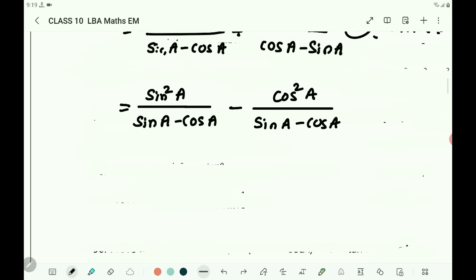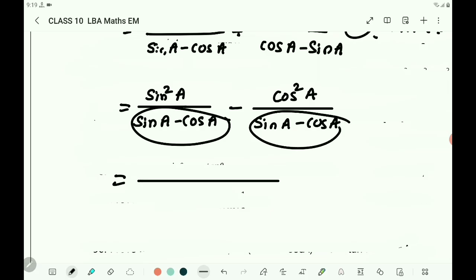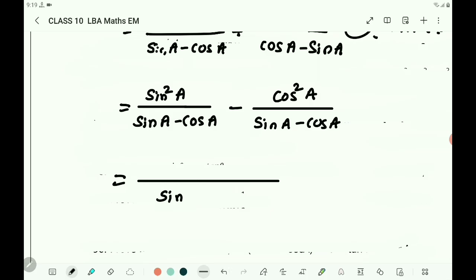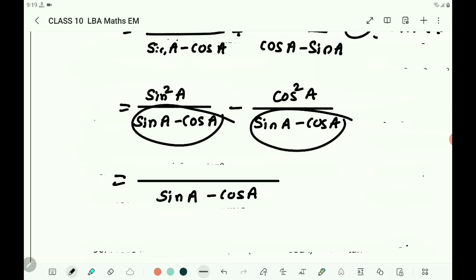The next here, see, sin A minus cos A is there, sin A minus cos A is there. Take it as a LCM. Sin A minus cos A. The denominators remains as it is because both of them are having sin A minus cos A in the denominator.